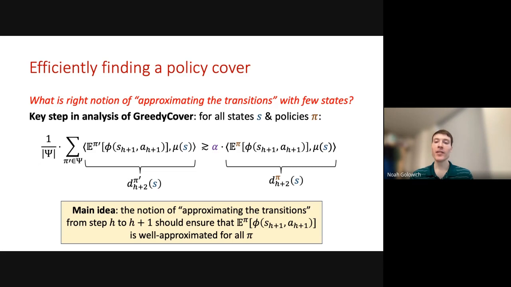What we want to do is take the set of feature vectors mu at step h plus 1 and replace these with some approximation of them, so that when we exchange the true feature vectors with their approximations, the expected feature vector at step h plus 1 does not change much. In other words, we want to preserve the expected feature vector at step h plus 1 under any policy pi.